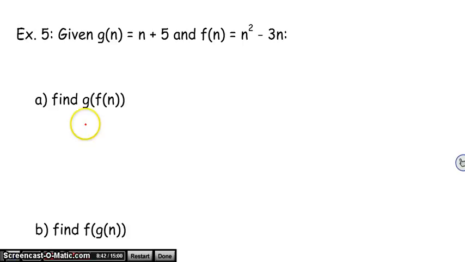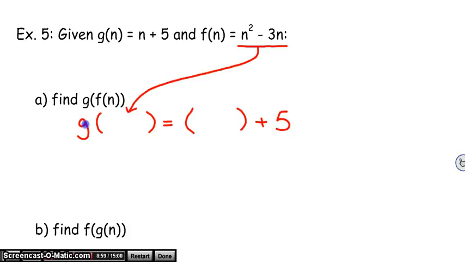So let's take the g function on the outside, and we're going to replace its variable. Okay, so here's the g function. G of n equals n plus 5. We're going to replace its variable with the function f. Here's the function f. So everywhere there was a variable, put that function. Always remember, a function within a function.